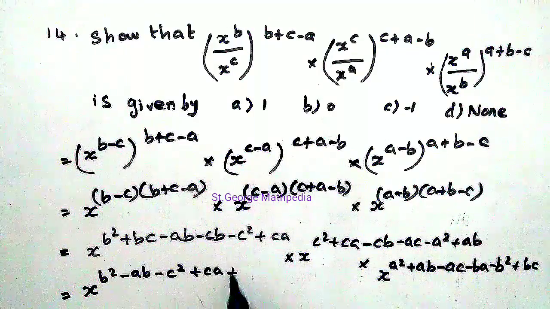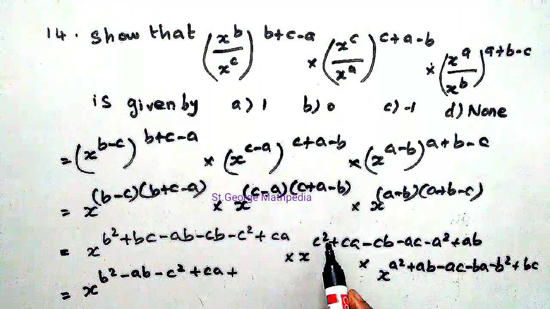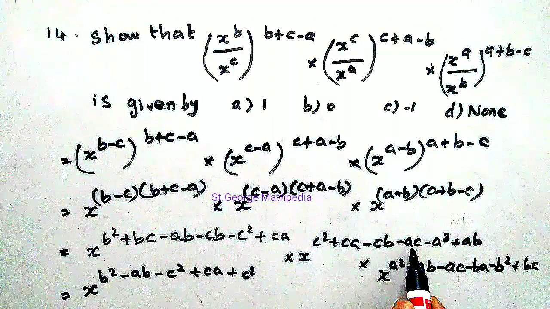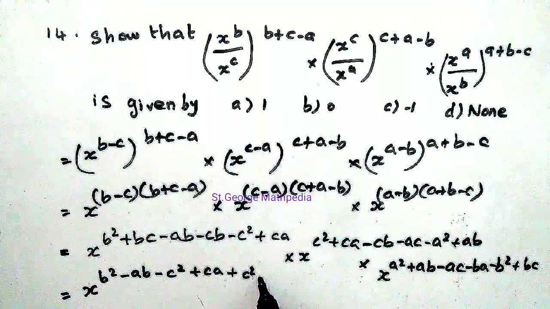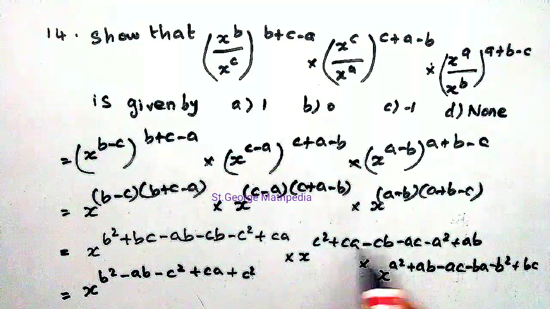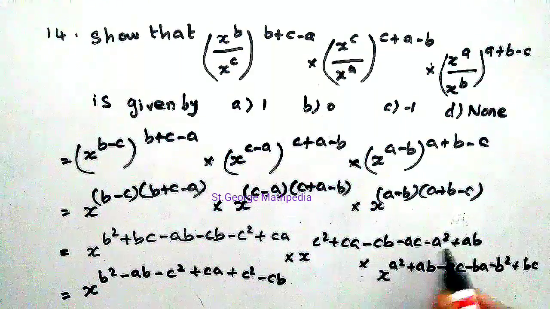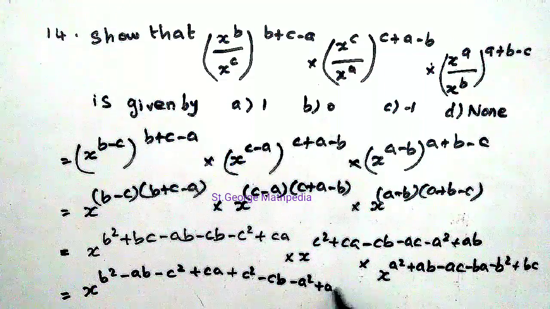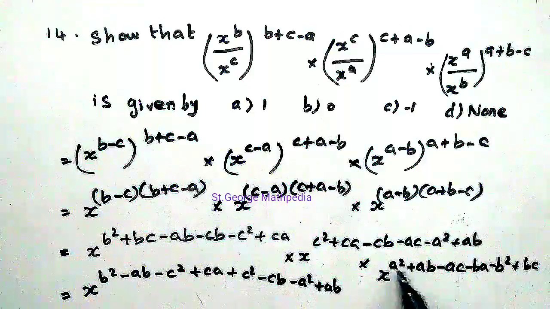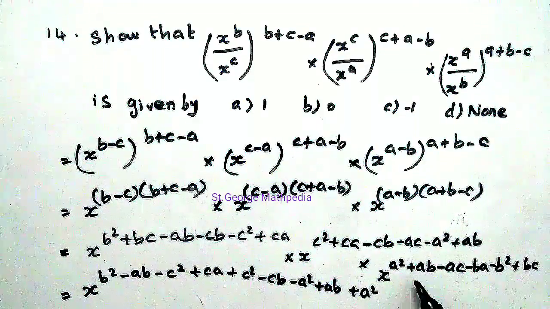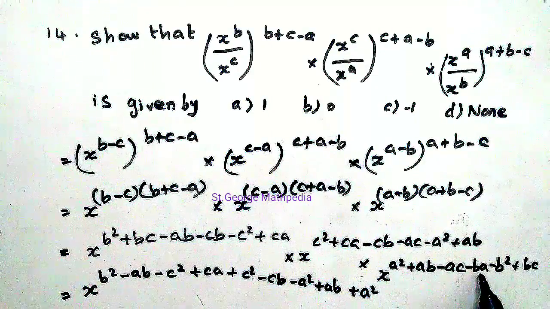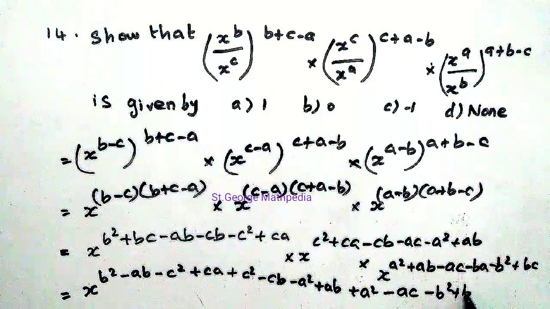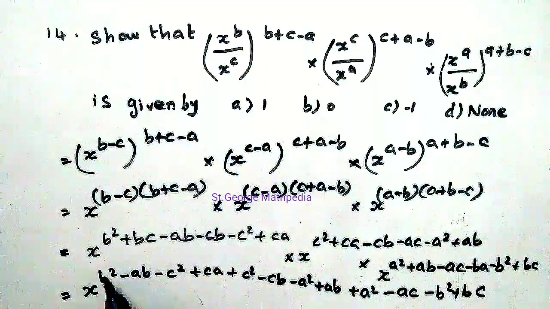So you can add the powers. I am writing directly. Now this is c squared, ca minus ac gets cancelled. So this is minus cb, minus a squared, then plus ab. Here it is a squared plus ab minus ba gets cancelled, so minus ac minus b squared plus bc.